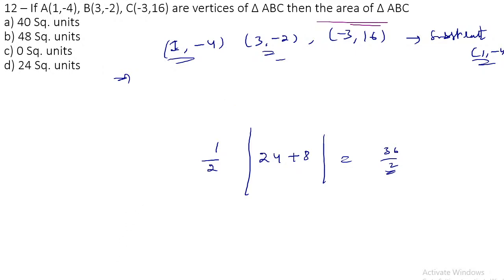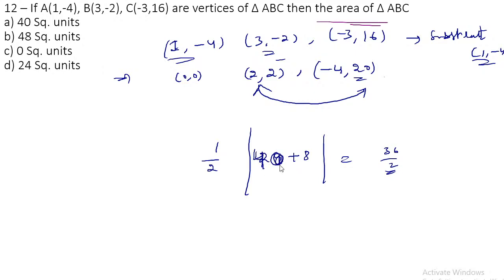Yes, sorry. So (1, -4) minus (1, -4) is (0, 0). 3 minus 1 is 2, -2 minus (-4) is 2, so (2, 2), and -3 minus 1 is -4, and 16 minus (-4) is 20. So now the product of extremes, 2 into 20 is 40.